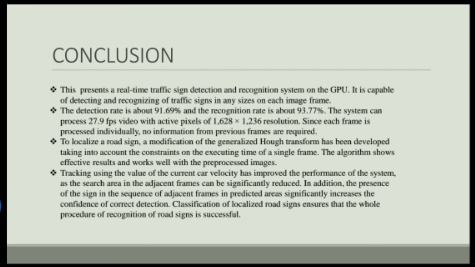Irrespective of the frame size, the system is able to detect the signs and locate which type of signboard it is. It is also able to detect in adverse conditions, even if the signboard is partially occluded and not fully visible. Even in those situations, the system is able to somewhat capture those signboards.